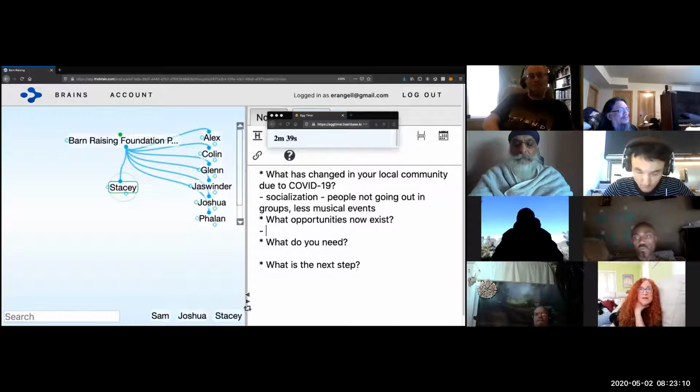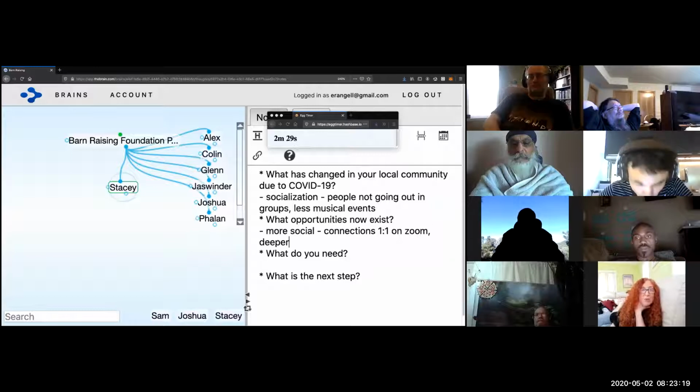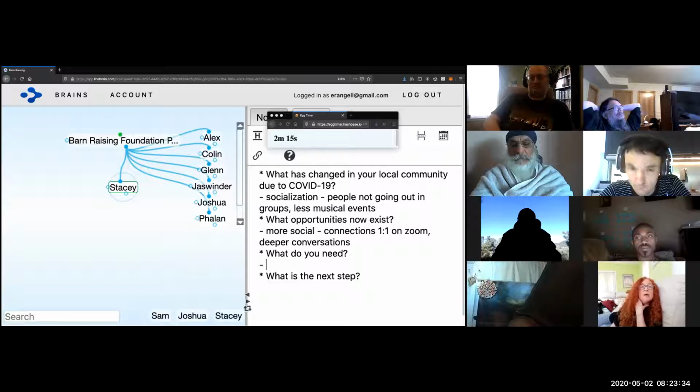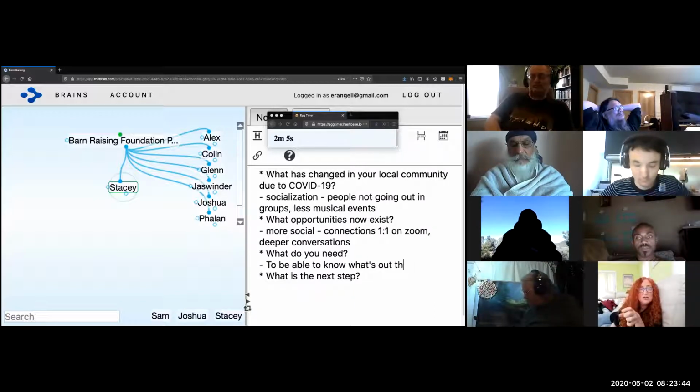The opportunities that exist for me are more social, because I can connect with people one-on-one through Zoom and have deeper conversations that I couldn't have in a club when the music is blaring. What do I need? What I would love is what Joshua was just talking about, to be able to know what's out there in my community that I'd be able to plug into at any given time.